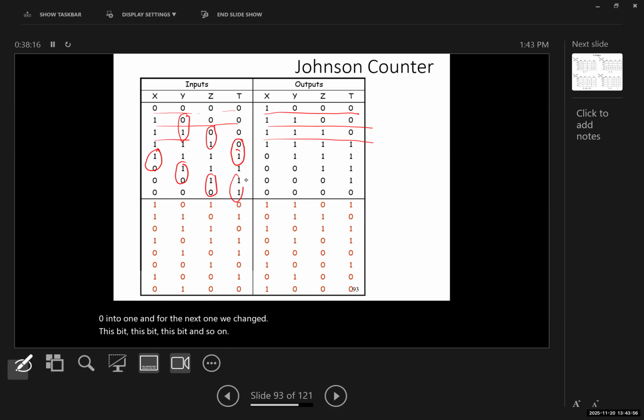And the last one as well, and so on. And this is the unused situation, and this is the used situation.